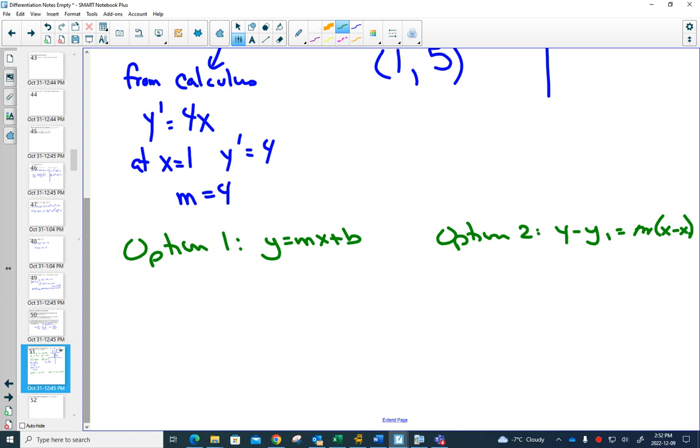Because typically, you remember y equals mx plus b quicker than you remember point slope form. So it is something generally people go to more often.